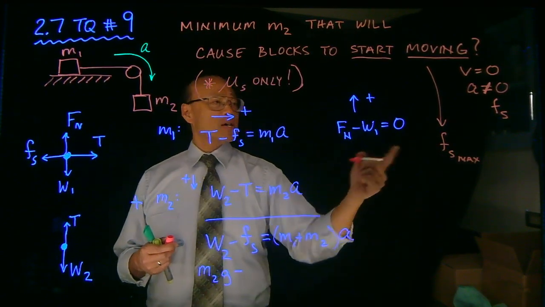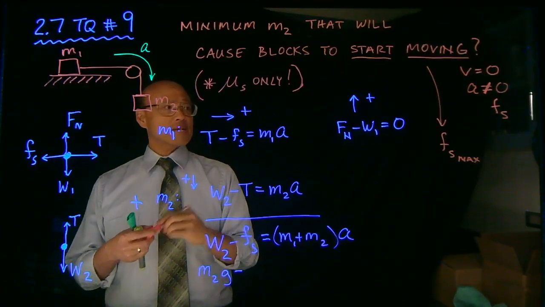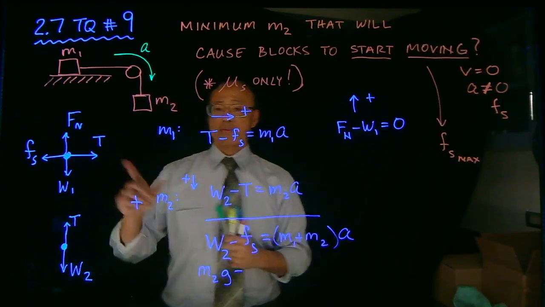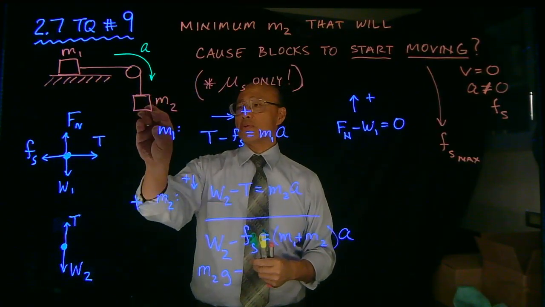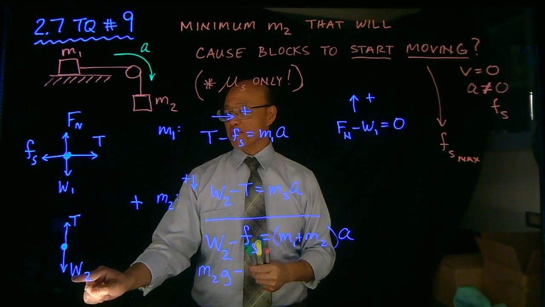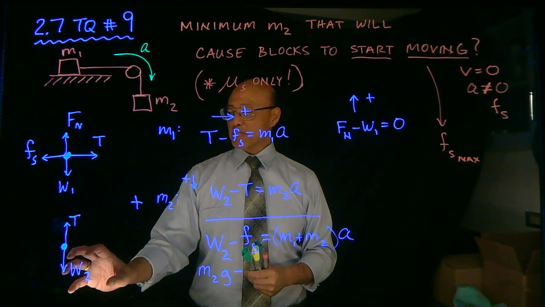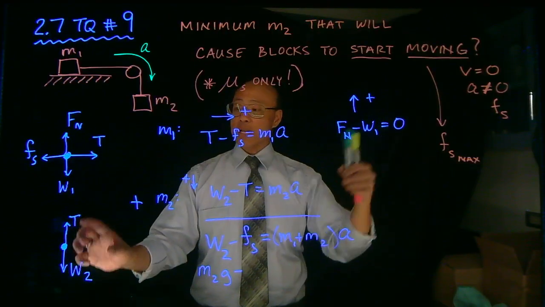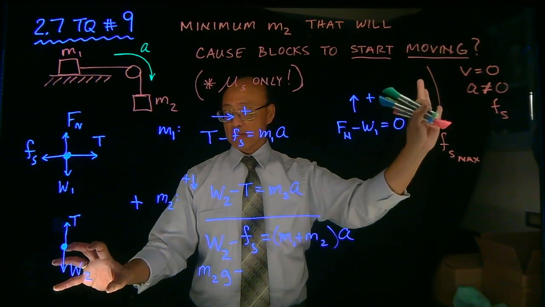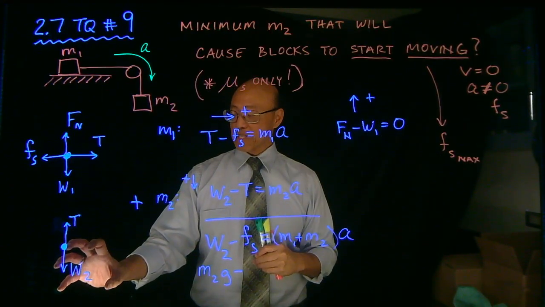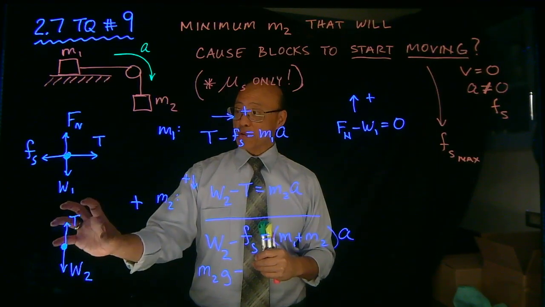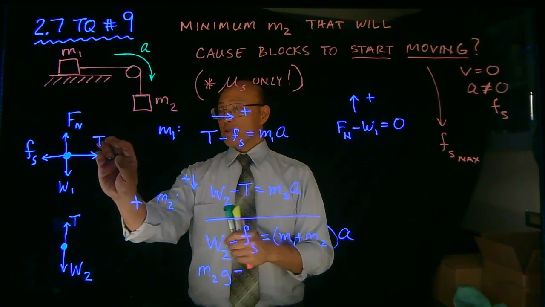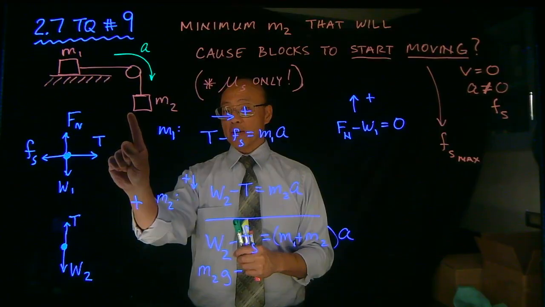In other words, if it starts moving, the friction force, right? If I load up M2, if I start increasing M2, I'm increasing this force. If I'm increasing this force and it's not accelerating yet, then the tension force is also increasing. This pull is increasing. So this force is getting bigger and bigger.